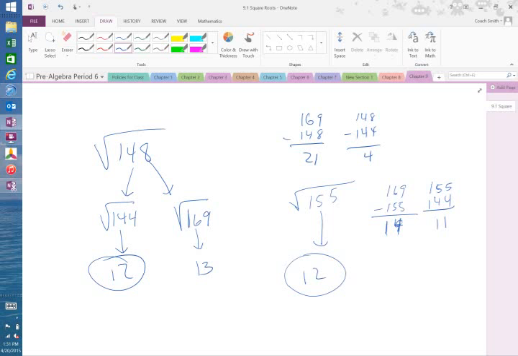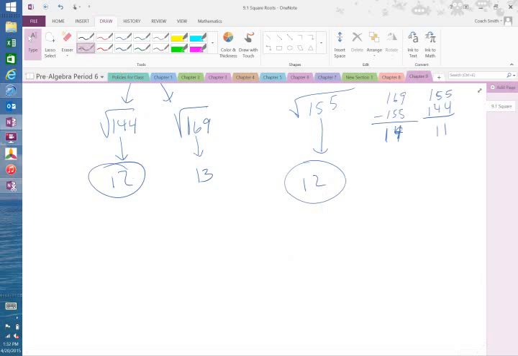Now, the next thing they're going to talk about is taking the square root, or doing this. X squared is equal to 49. And they want to know how we solve this quadratic equation, because it has exponents.